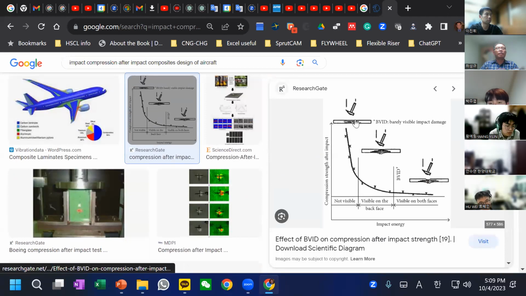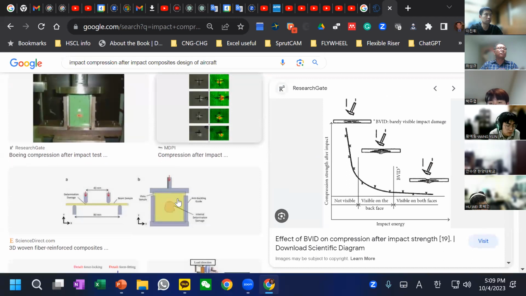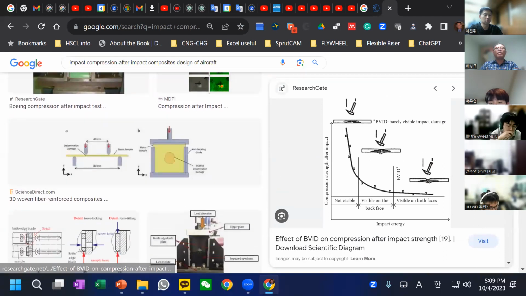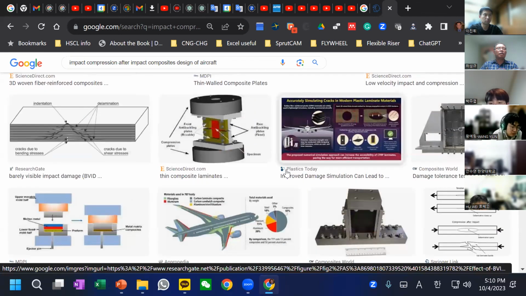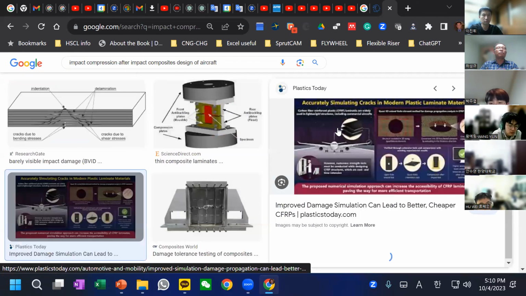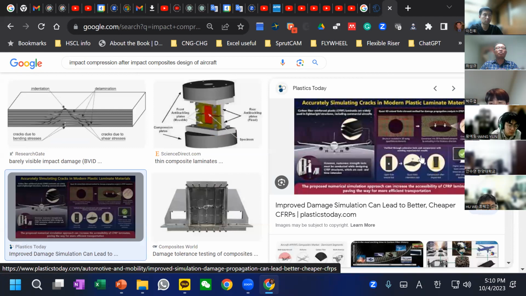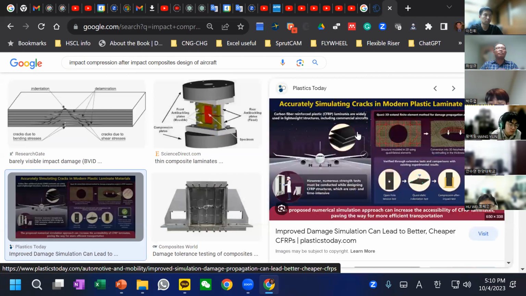Here, you have an impact, and then you damage it, and then compression. So any aircraft manufacturer does this kind of research, trying to understand them, and even simulating cracks in modern composites.